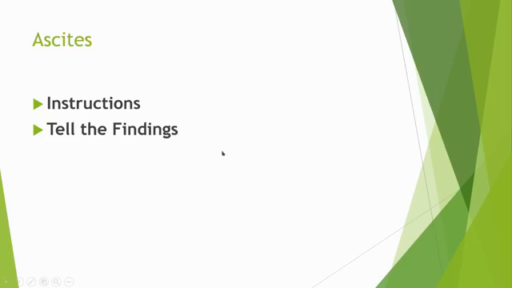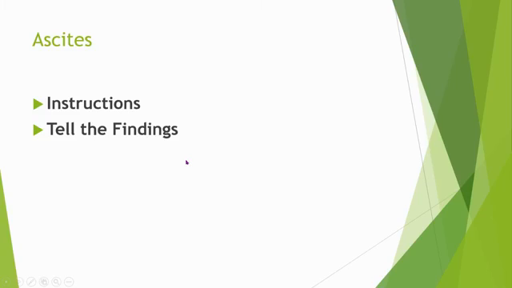Earlier I said every short case is the basic. You should know what you want to do and what you are going to do. That is, obey the instruction, examine accordingly, and then tell the findings.